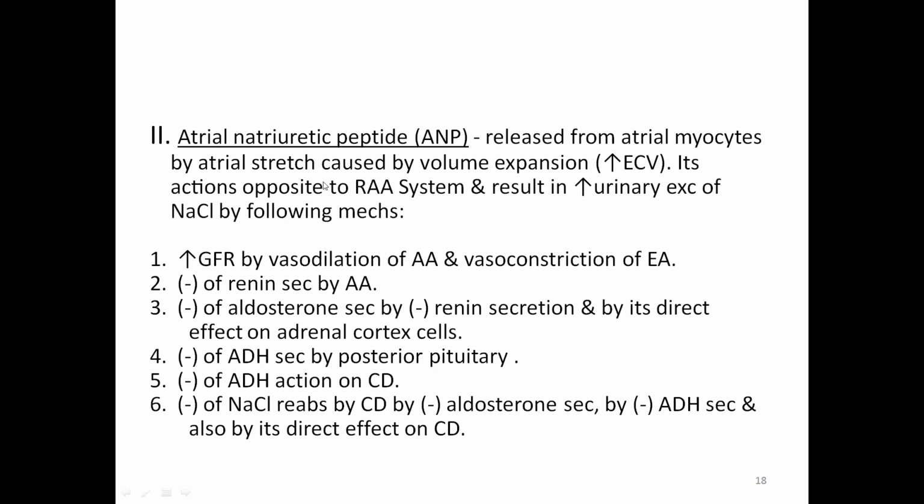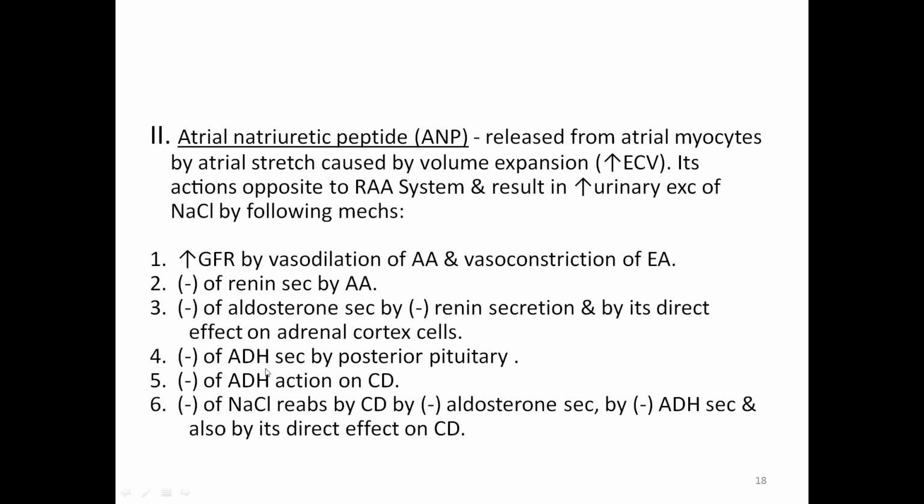Now, how does that occur? So basically, ANP causes increase of GFR by vasodilation of afferent arteriole and vasoconstriction of efferent arteriole. Then it also causes inhibition of renin secretion by afferent arterioles. It causes inhibition of aldosterone secretion, by inhibiting renin secretion, and also by direct effect on adrenal cortex cells.